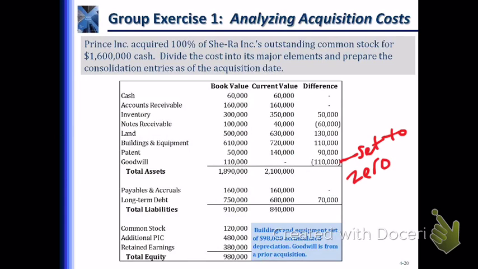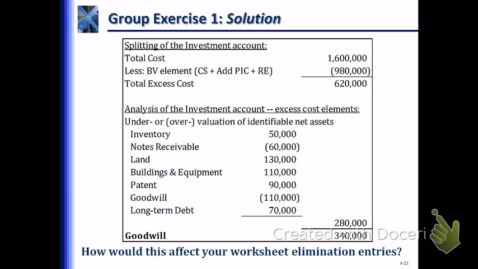You assume it has zero value, and then you decide if there's goodwill after you put everything else at fair market value. So any goodwill that a company has when you acquire it, you assume it has no value. So when we go forward, we've got a $1.6 million cost. The book value, or the owner's equity, is $980,000, so we have a differential of $620,000.